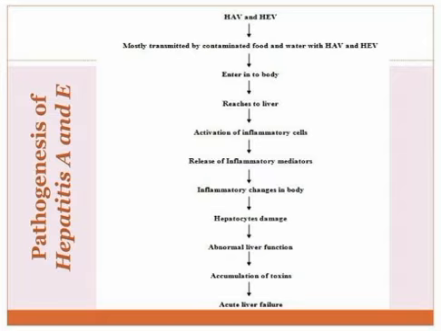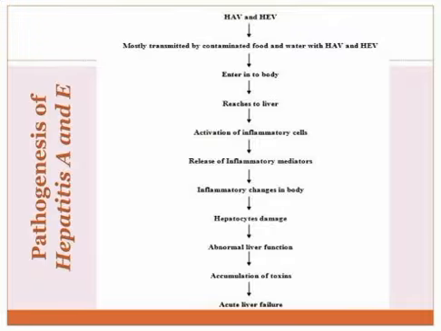There will be activation of inflammatory cells, which release inflammatory mediators. Then there are inflammatory changes in the body, so the hepatocytes get damaged, and there will be abnormal liver functions. And it may lead to acute liver failure.